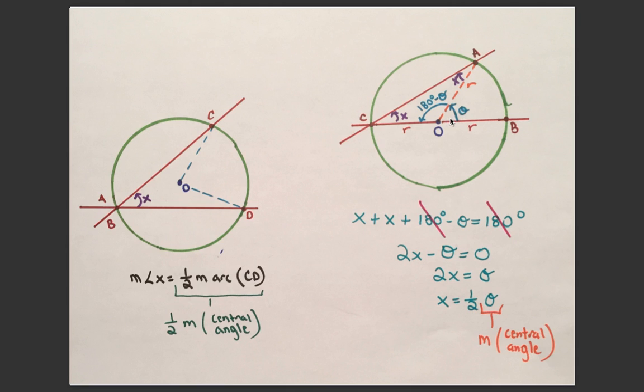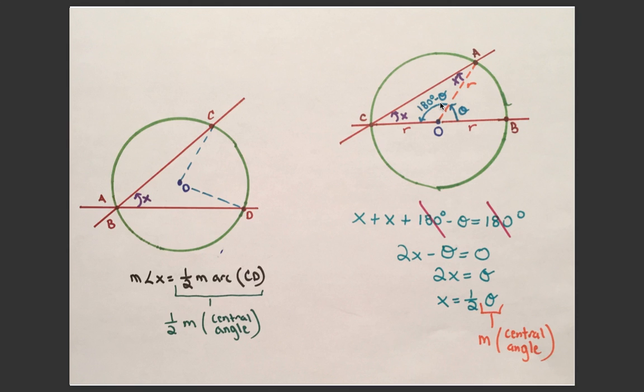And we know that a straight angle, in this case our diameter, will sum to 180 degrees. So if our central angle is labeled theta, then the remainder of it will be 180 degrees minus this angle theta. So that's how we get this.